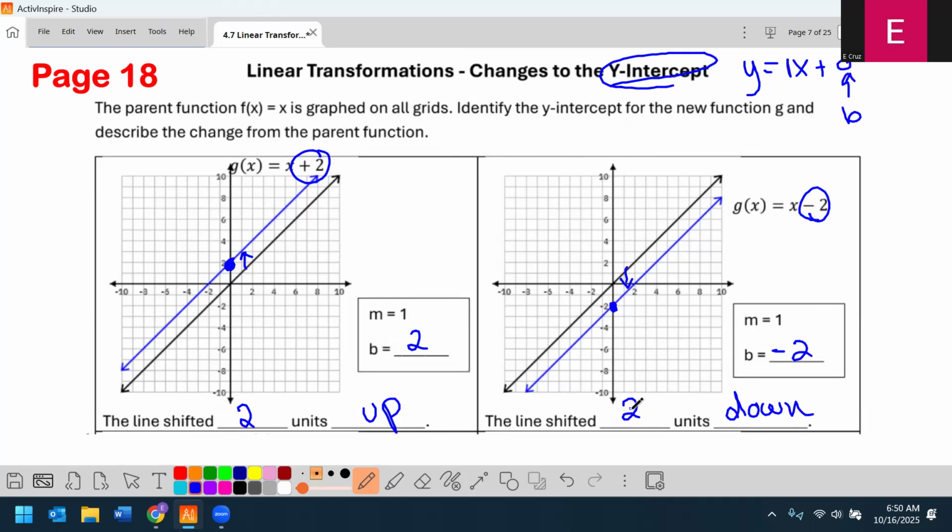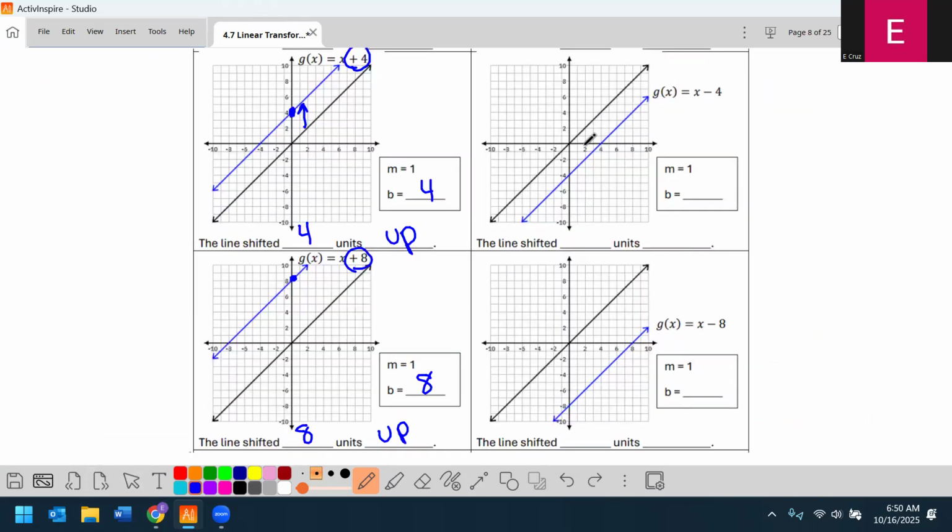Now I don't put the negative on the 2 because down means negative, kind of. I'm just saying it shifted it down 2 units. Okay, now it's even further below the parent function. Now the y-intercept's at -4. So my b is -4. It shifted the line 4 units down.